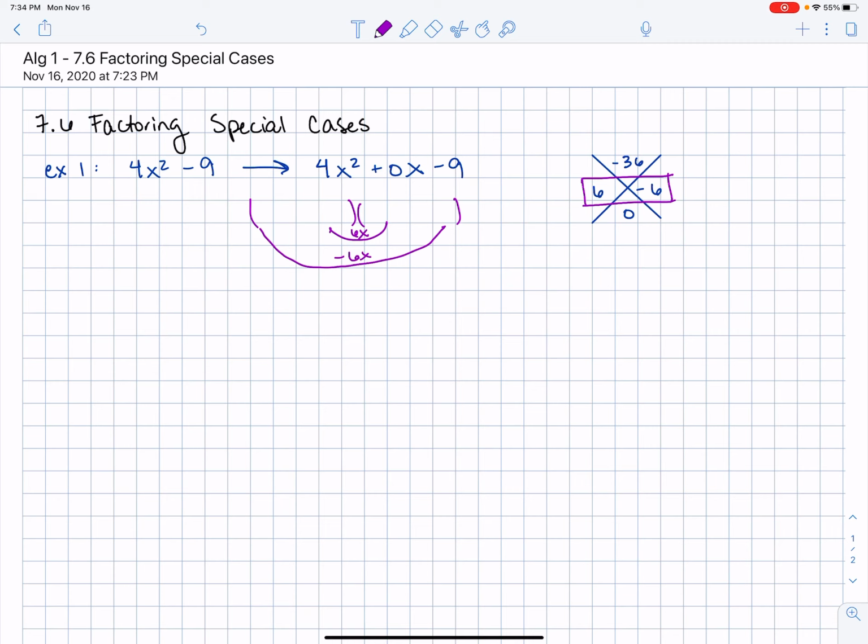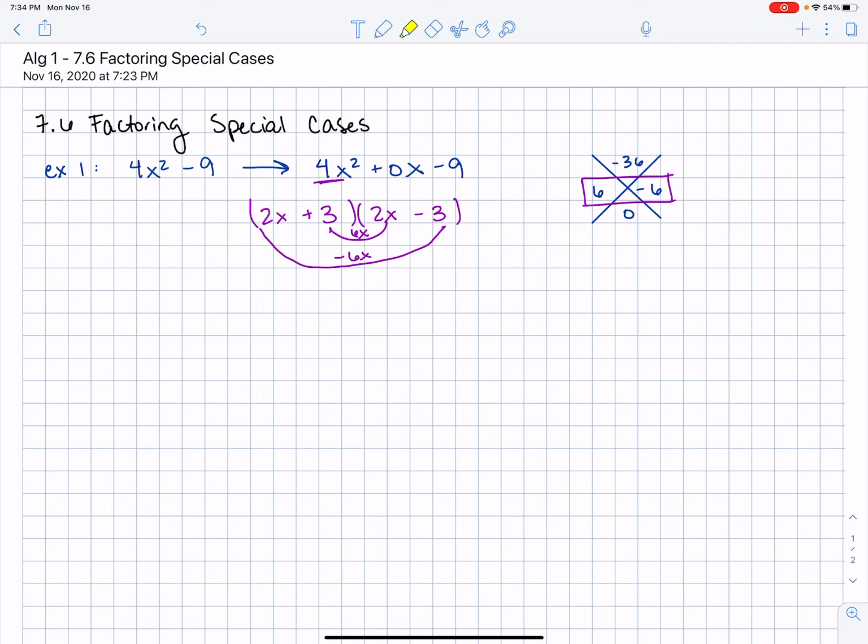So using our factoring method, we know that the factors of 4x that also work for 6x are going to be 2x and 2x. And then we start filling in the rest of the puzzle here. 2x times negative 3 gets us a negative 6x. 2x times positive 3 gets us a positive 6x.